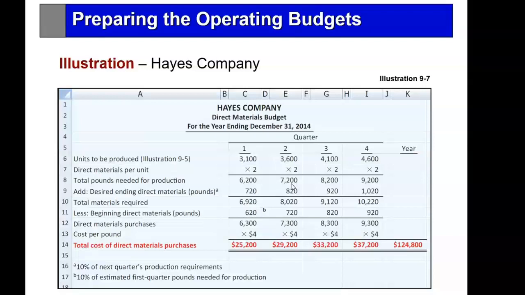So in total, I need 6,920 units to meet my production and to meet management's policy of 10% of next month's purchase requirements. But I already have 10% of this, 620, from the previous year. So I don't have to purchase 6,920. I need to purchase 6,300.